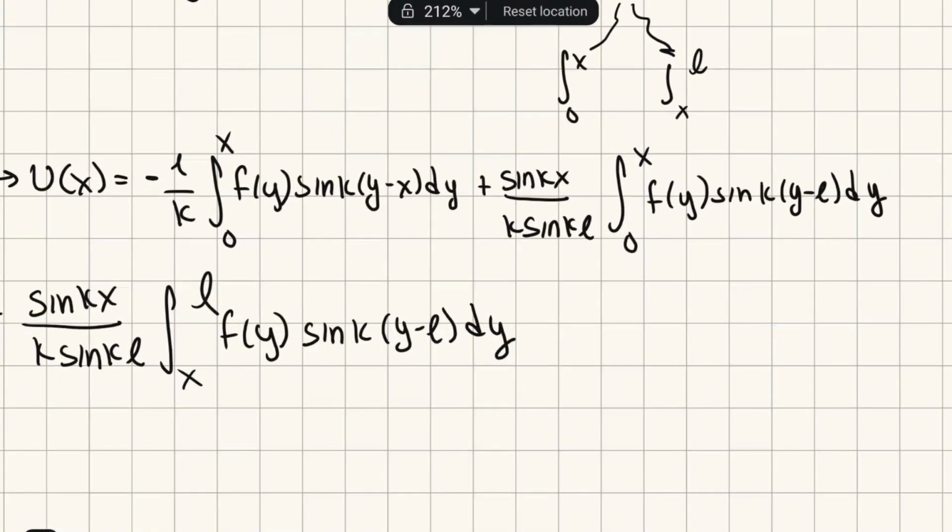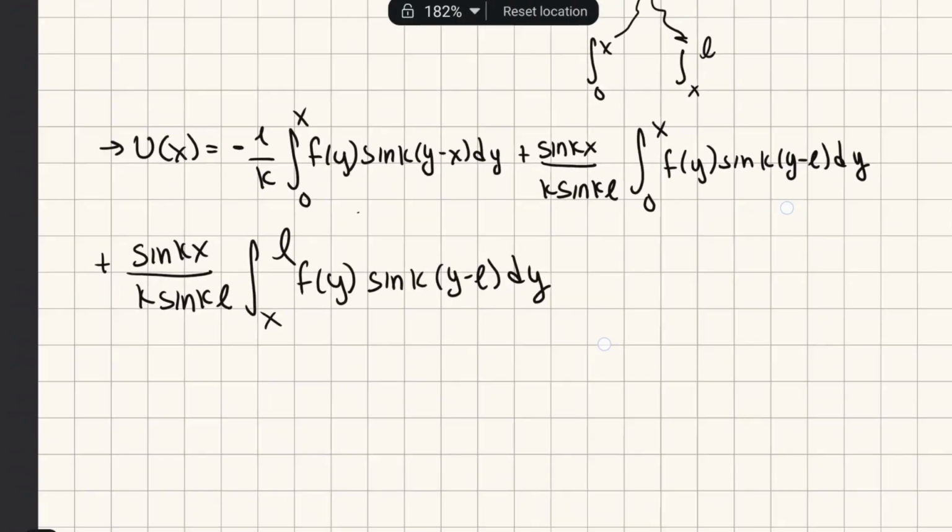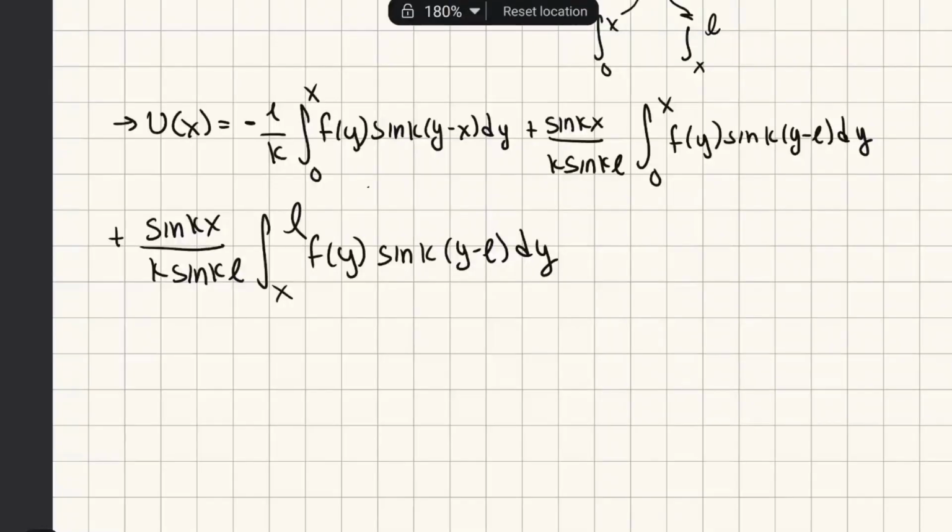And looking that we have the integral from 0 to x in this element and in this element, we are going to combine them in just one integral. So what are we going to get?